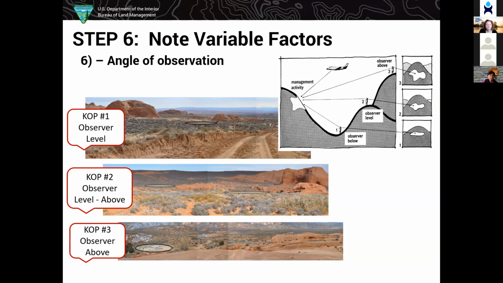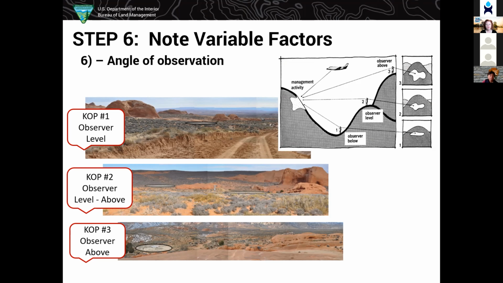If I'm at level, depending on the vegetation that's around me, I will see less of the ground plane, sometimes maybe none of it, if I've got some vegetation also that's screening it. But if I'm in a position up above looking down, then I am likely to see all of the ground disturbance, as well as all the components associated with the project.